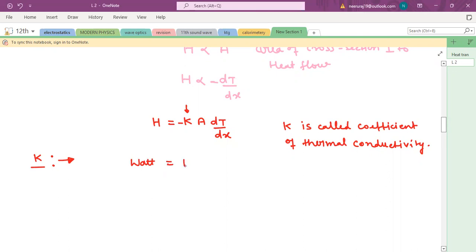Then the area is meter square, and the temperature gradient is Kelvin per meter. And the unit of K is, so you don't get confused, Kelvin. So the unit of K is watt per meter Kelvin. You can find the dimension also.